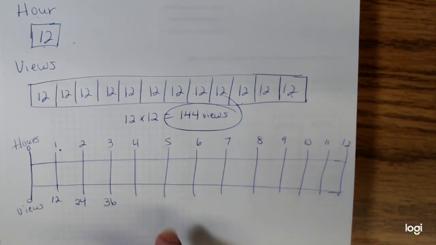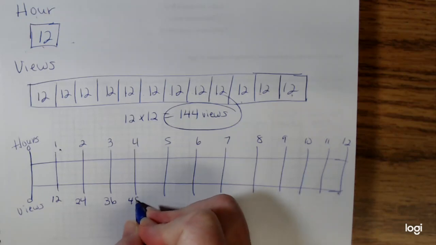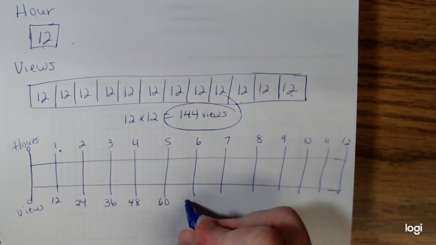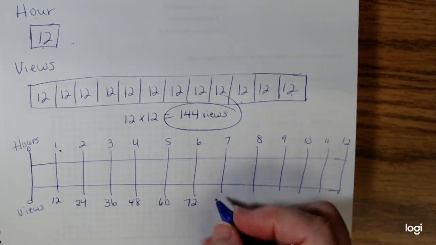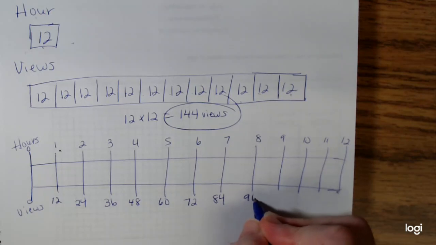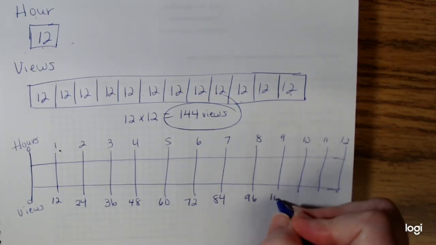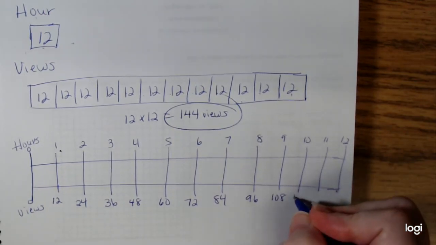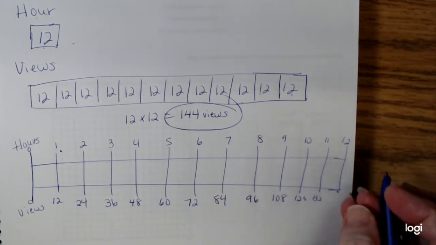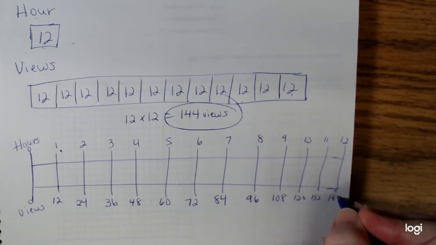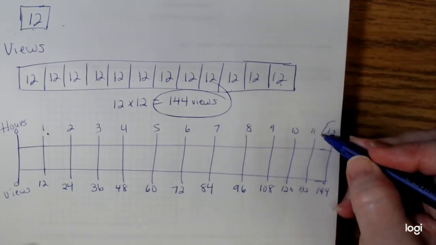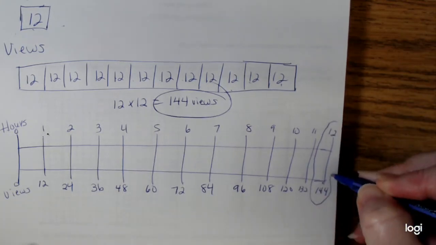But we're going to keep counting by 12s. 48, 60, 72, 84, 96, 108, 120, 132, and 144. So once again, in 12 hours, we had 144 views.